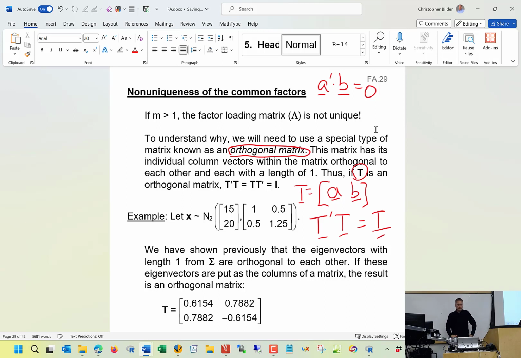Why? Well, the off-diagonal elements will be basically what happens here. The diagonal elements would be A transpose times A. And something I failed to mention as well, suppose each of these orthogonal vectors has a length of 1. So if I take A transpose times A, I will get 1. That's why you get the identity matrix back.